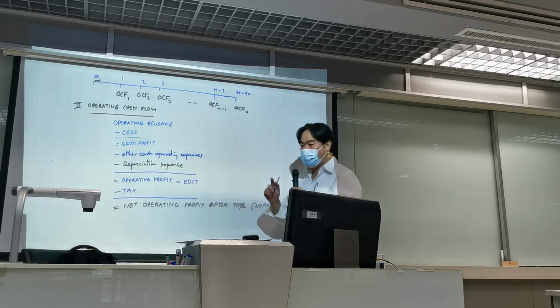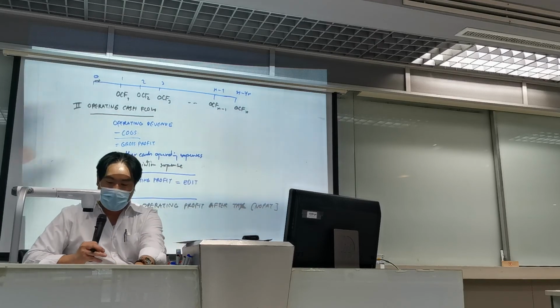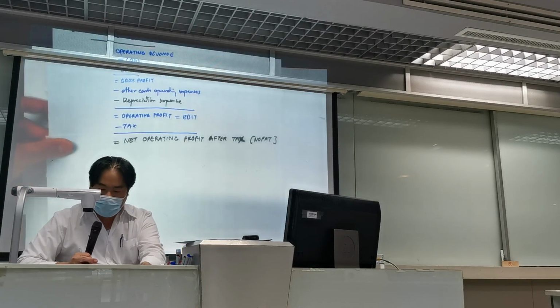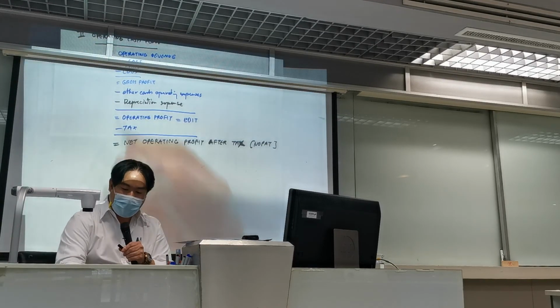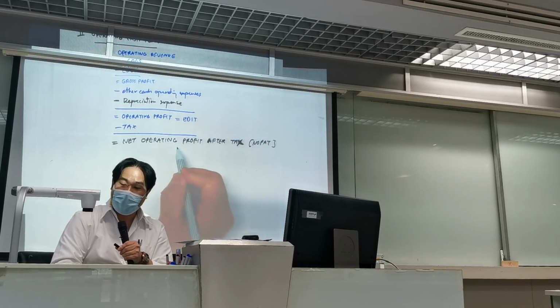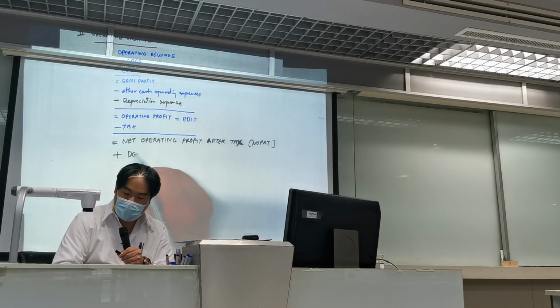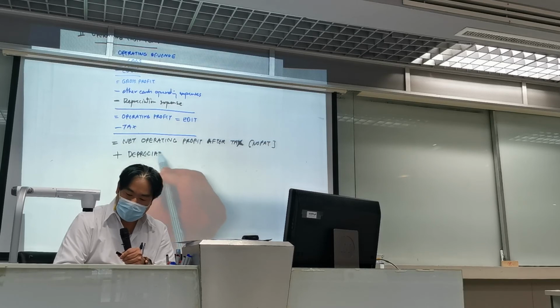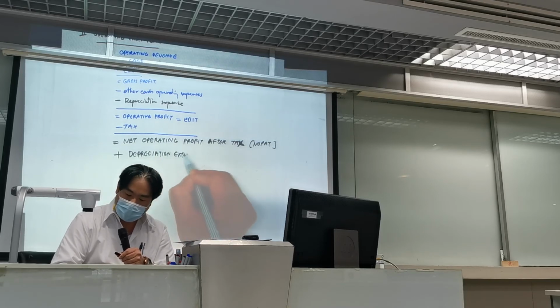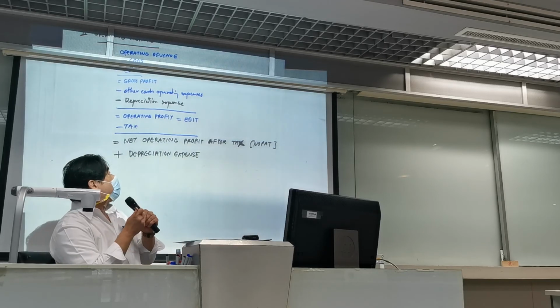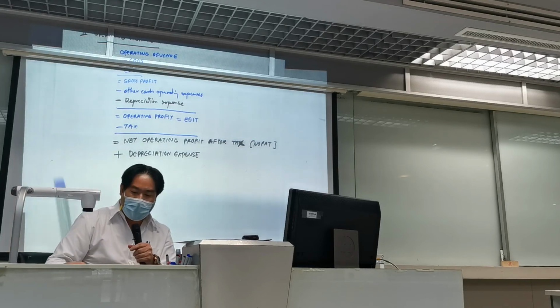Okay? So how can we do it? In order for you to change it into cash, first step, you subtracted it, right? So to make it close to cash, you add depreciation back. Okay? And what else do you need to add or subtract?